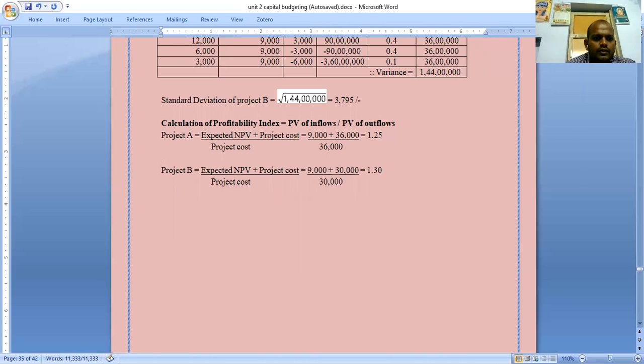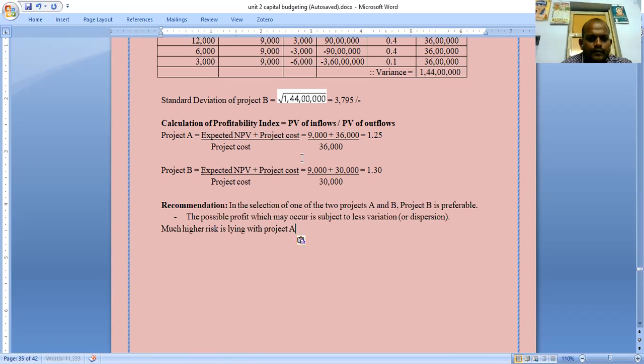So now the recommendation for this proposal. In the selection of one of the two projects A and B, project B is preferable. First one, the possible profit which may occur is subject to less variation or dispersion.